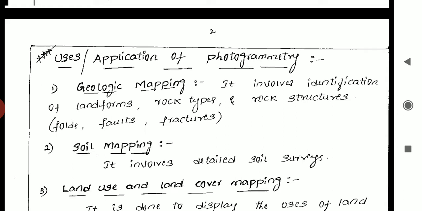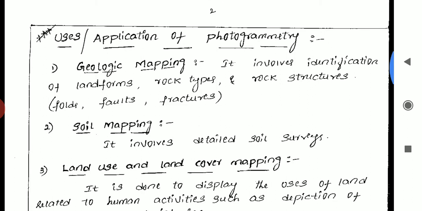By using an image we can identify the landform and also the rock types, which type of rock it is, and which type of rock structure it is, whether it is a fault or fractures. So we identify the rocks or land by using images.